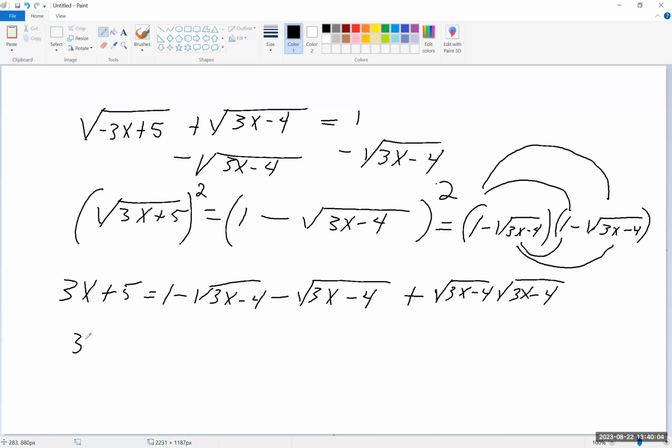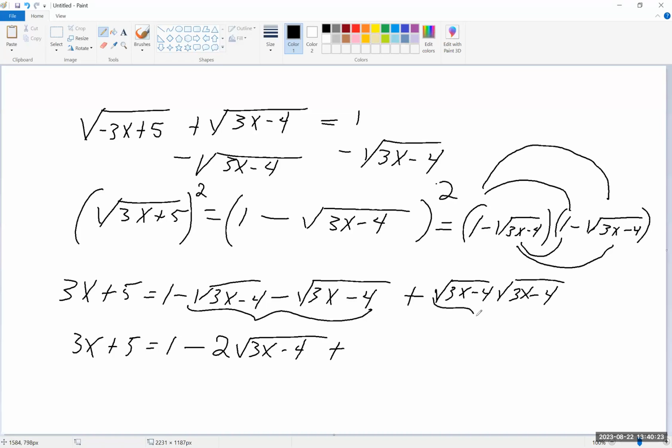That leaves me with, it still looks very complicated. I have 2 of these, so I'm going to write it this way. The two of them here, basically the square root cancels out. Okay.